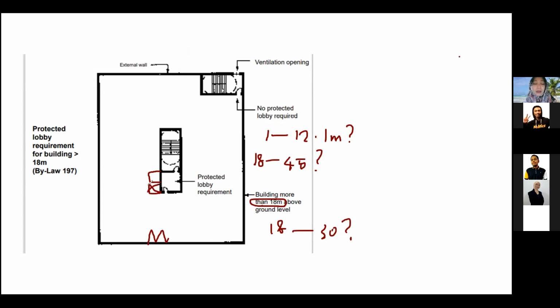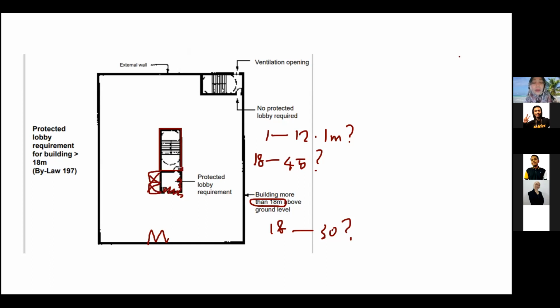The lift here, there is no wall. But for the fire staircase, they need to have the wall like this. Still remain. Okay, this is remain. But here you are not supposed to provide the wall here.